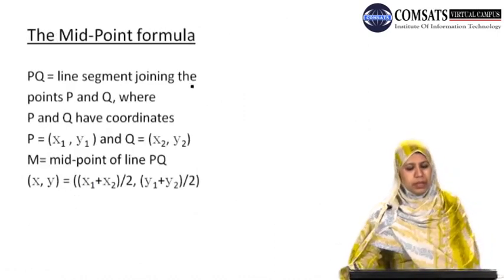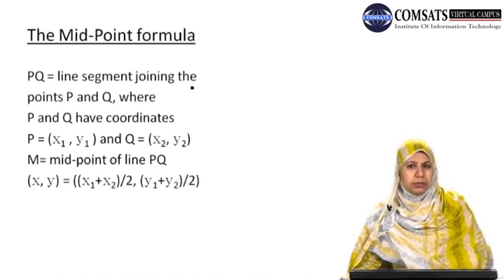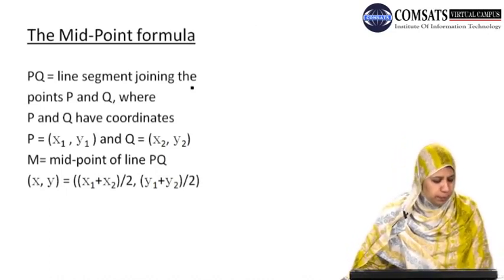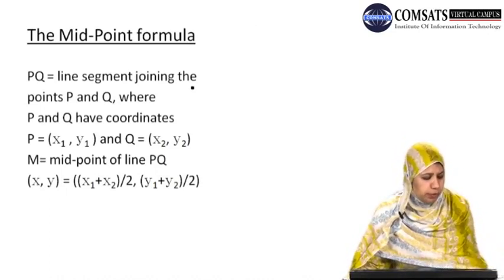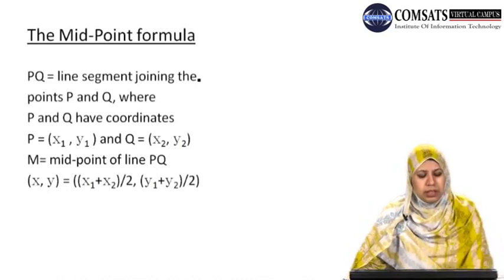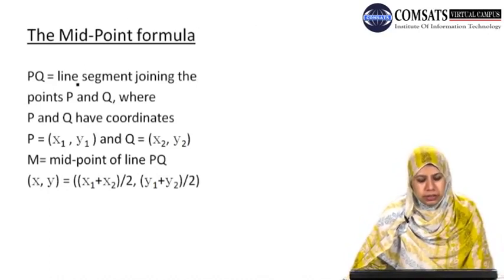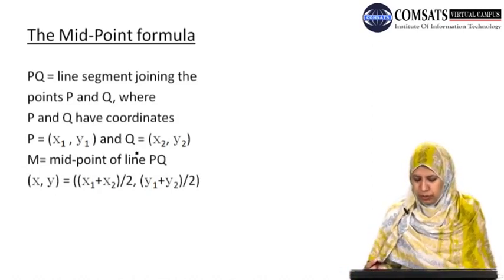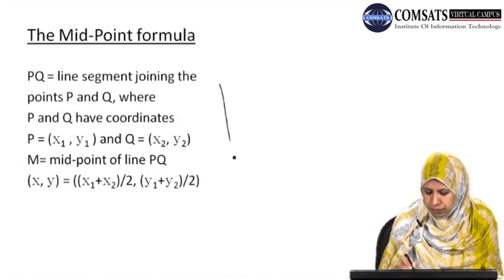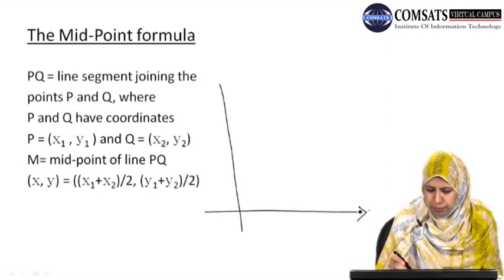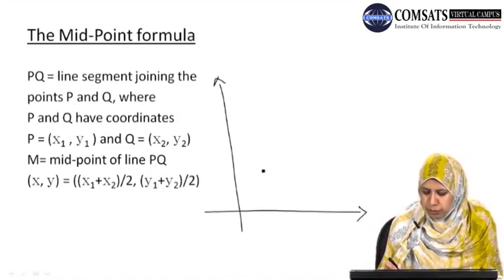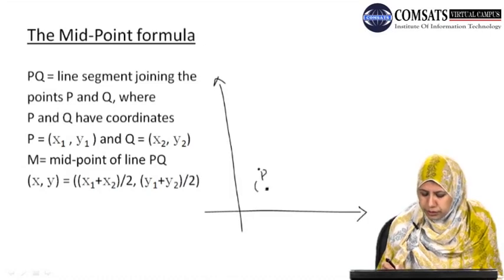Okay. Now we want to find the midpoint formula. What do we mean by the midpoint formula? That is, we have a line segment PQ joining the points P and Q, where P and Q have coordinates (x1, y1) and (x2, y2). That is, we have a point P with coordinates (x1, y1).